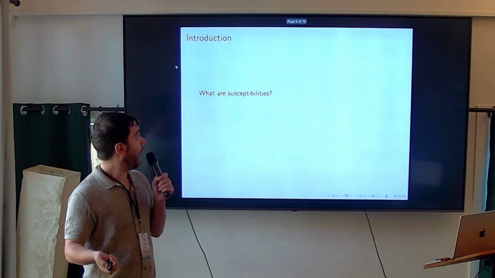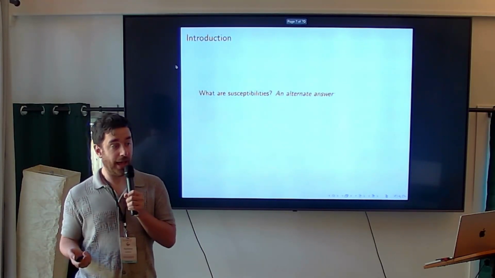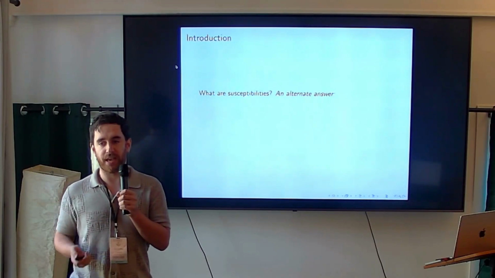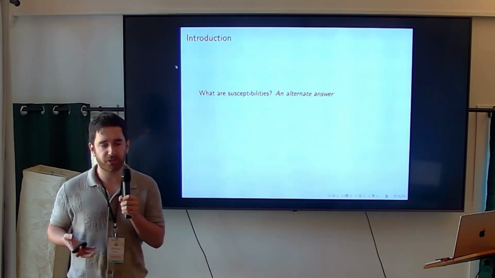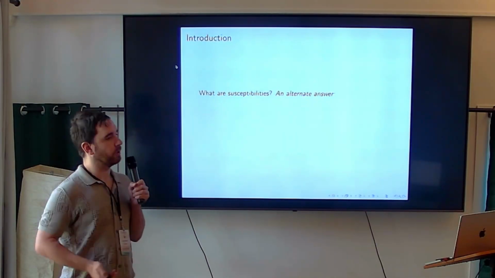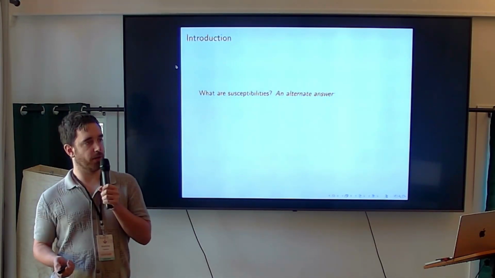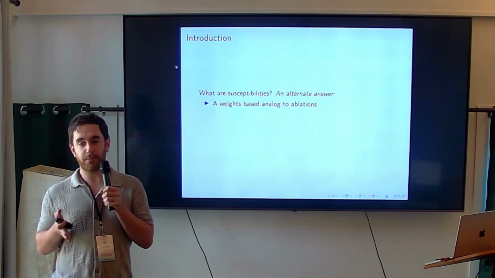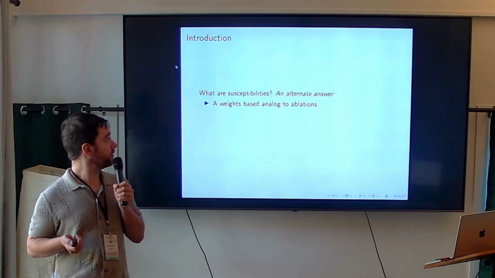So I want to answer that question again and try and present a different motivation and moral that tracks closely with how I use these things in my research, but is, I think, a little underemphasized by the previous one. So I think of this as a weights-based analog to ablations.